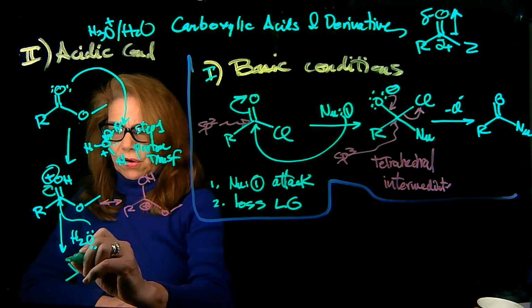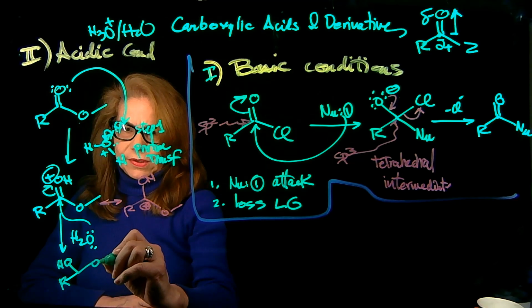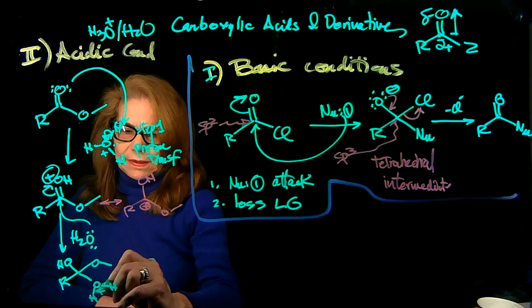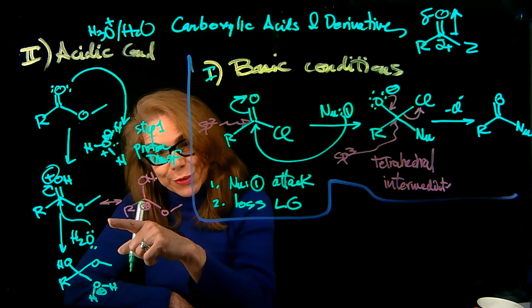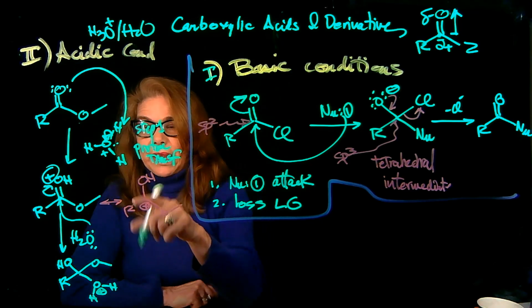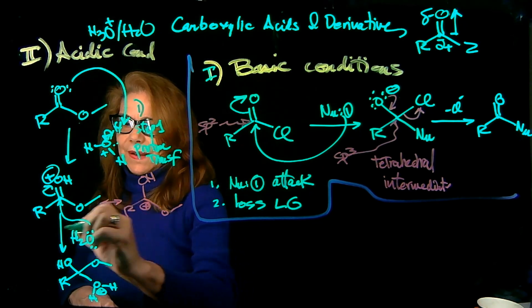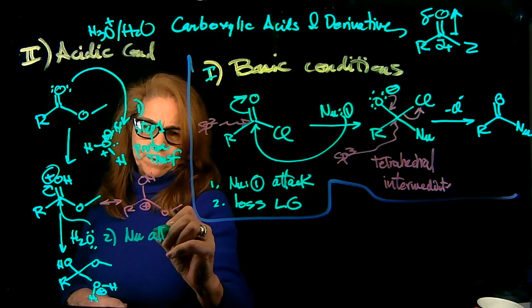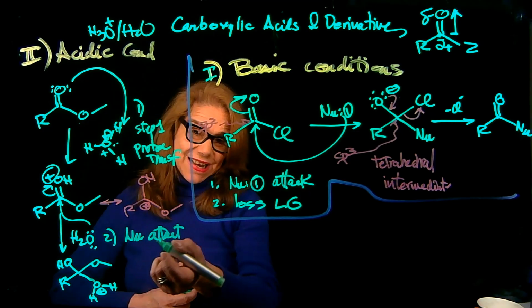Now you're going to have OH, R, and now this is formal positive. I need to do a couple proton transfer steps. So here we have step 1, the main steps. Step 1, step 2 is nucleophilic attack. And that's another tetrahedral intermediate, but that's an oxonium.